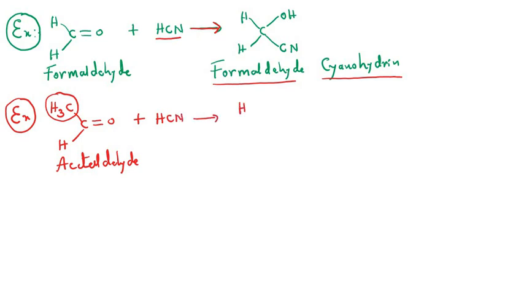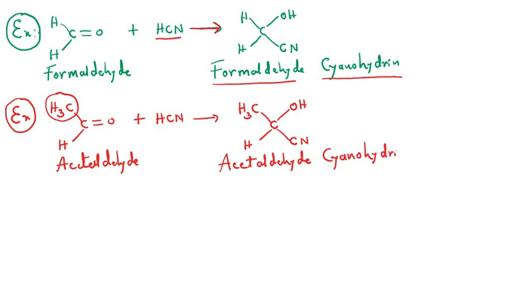We can write CH3, C, then OH, then H, and here CN. For an addition product, we write the name of the compound from which it is obtained. The reactant molecule is acetaldehyde and the product carries the cyanide group, so it is called acetaldehyde cyanohydrin.